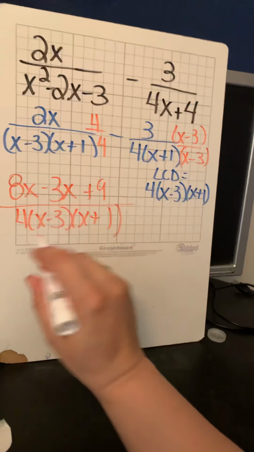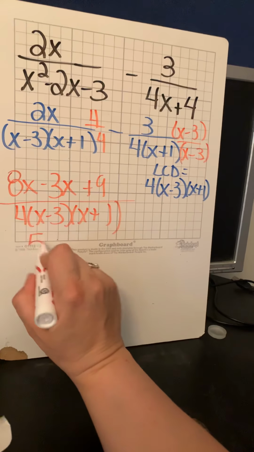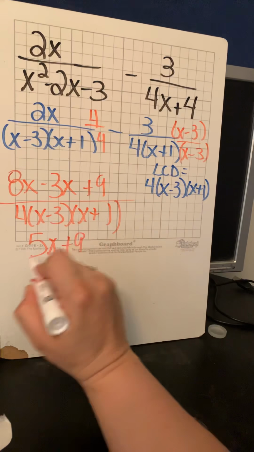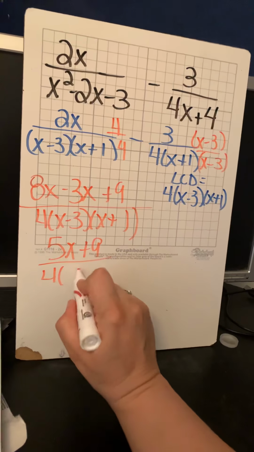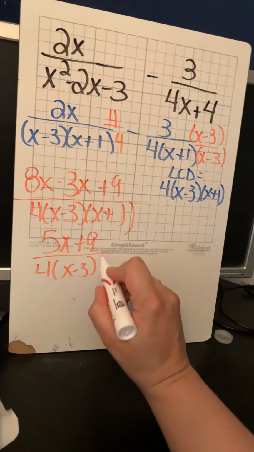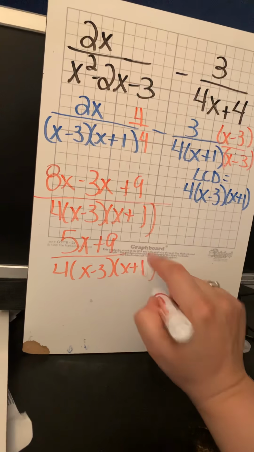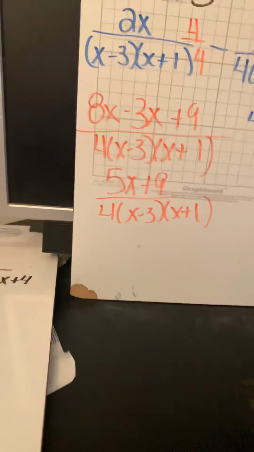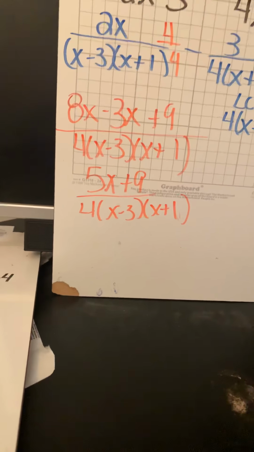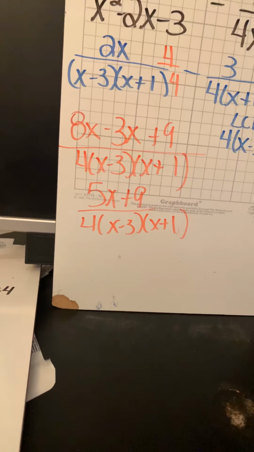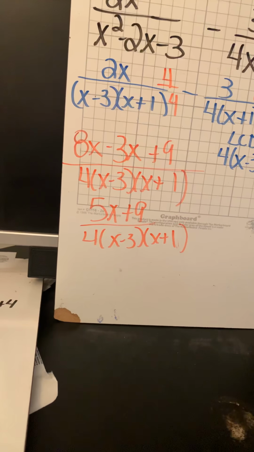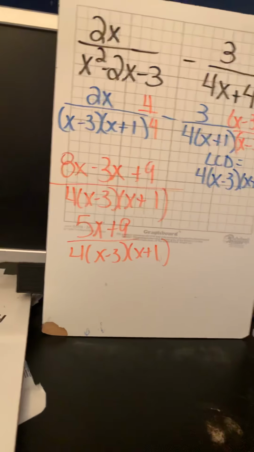And then I'm going to simplify that numerator. So I got 5x plus 9 all over, and I'm not going to simplify my denominator. Key, just get those denominators simplified down. That's your key.